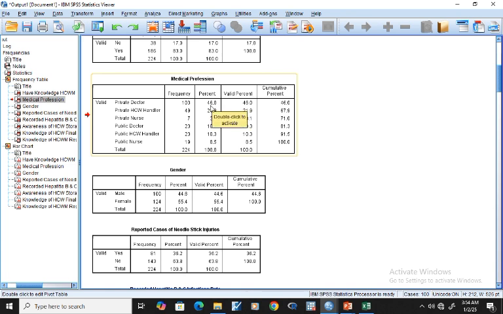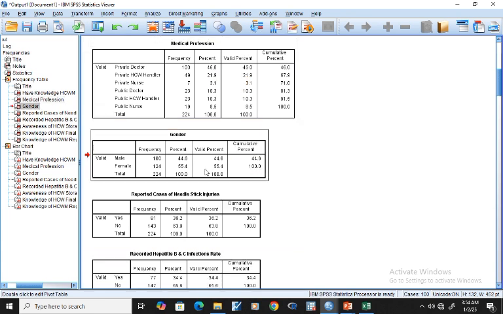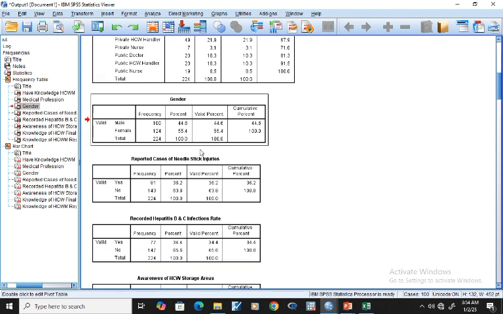You could see them here, nearly half of the respondents, that's 46. And the gender is more females. More females seem to attempt the survey.